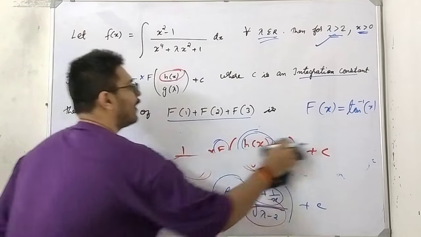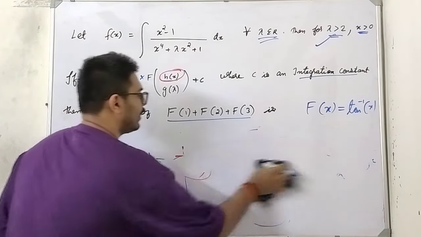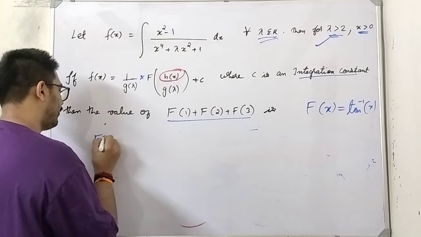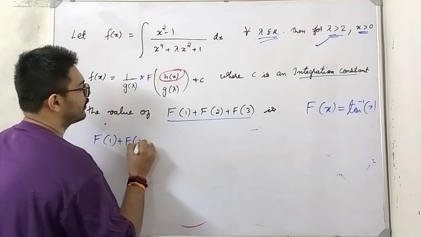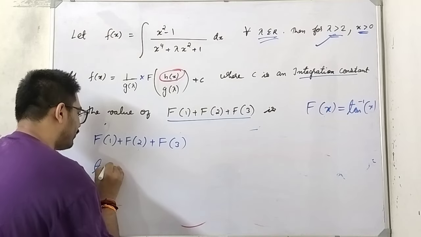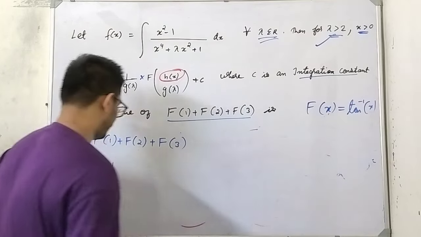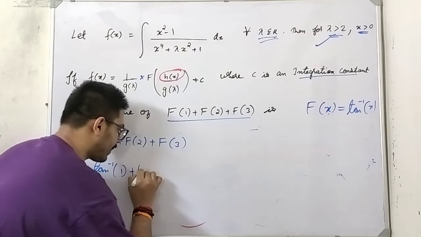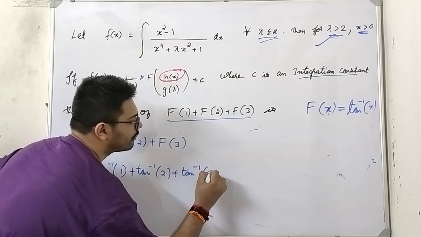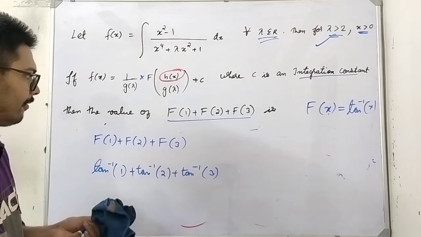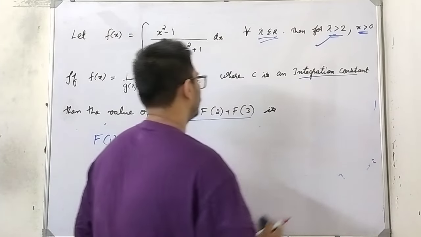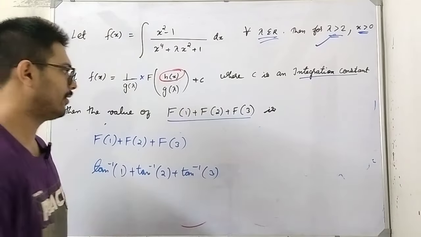Now we need to find the value of f of 1 plus f of 2 plus f of 3, which is tan inverse of 1 plus tan inverse of 2 plus tan inverse of 3. Now, what is tan inverse of a plus tan inverse of b plus tan inverse of c?